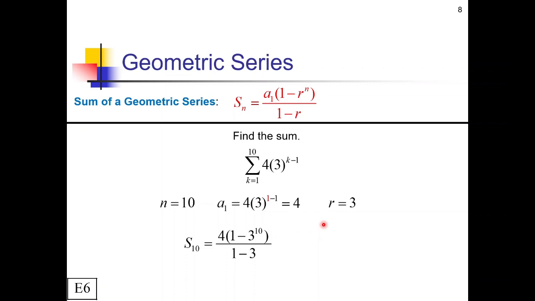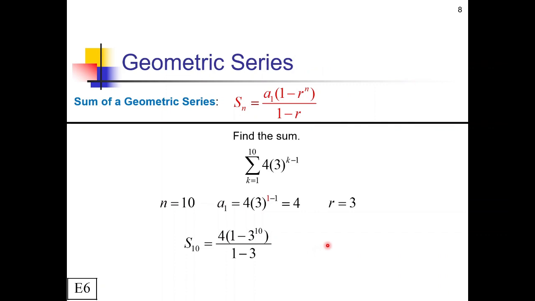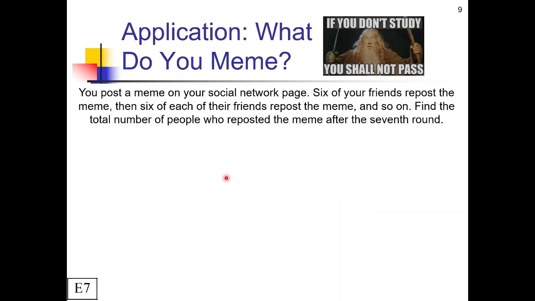So let's go to Desmos for that. So let's make a fraction here, and we've got 4, parentheses, 1 minus 3, exponent 10, close that parentheses, and then go down to the denominator where we've got 1 minus 3, and that comes out to 118,096.